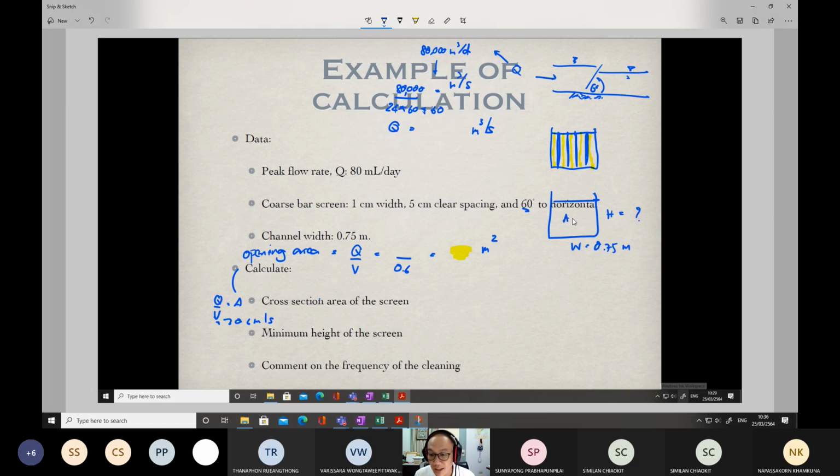You need to know the entire area, but the area you determined is just the opening area passing through the screens. This is a 60 degree screen. In order to get the actual area of the channel, does anybody have some idea how we can get it?